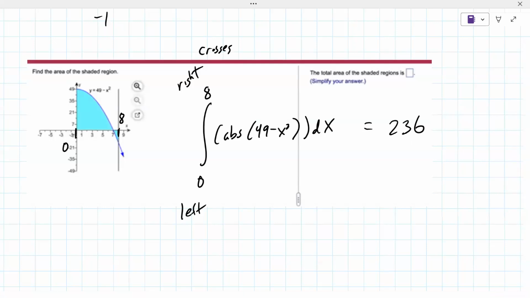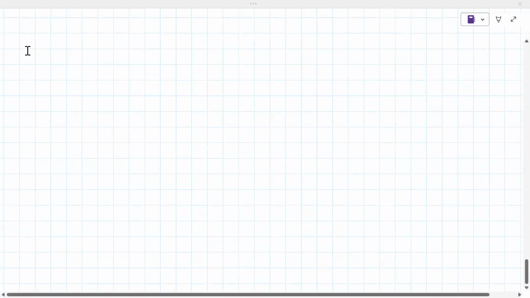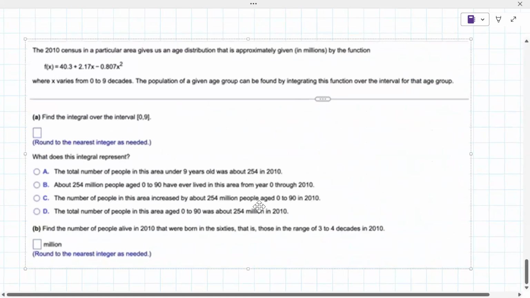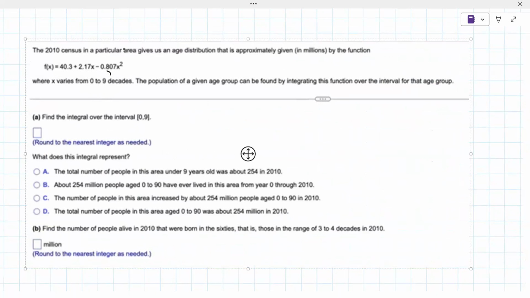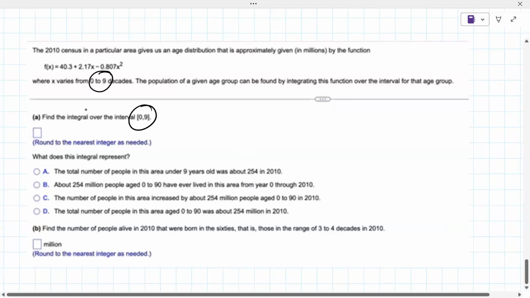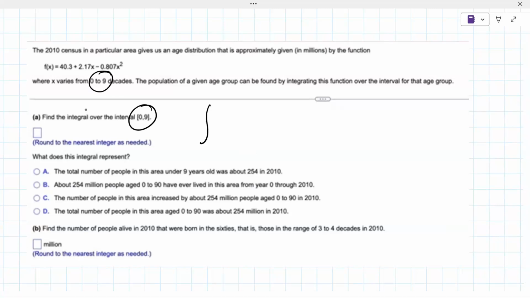I got 236 too. The 2010 census gives something about this from 0 to 9 decades. It says find the integral, just like we've been doing, from 0 to 9.